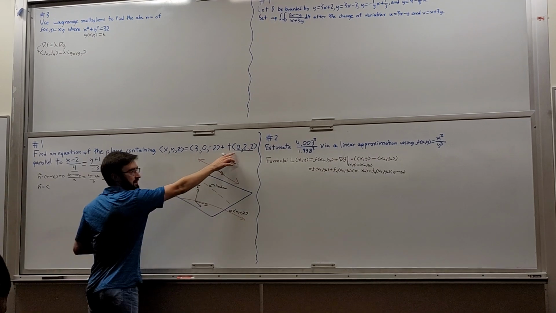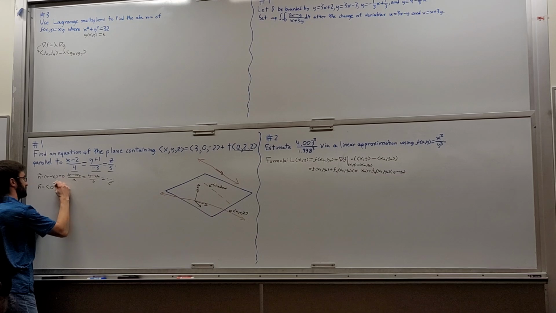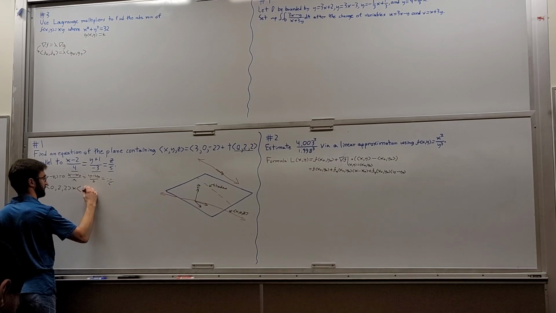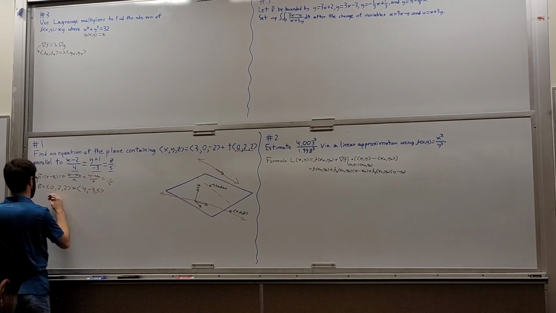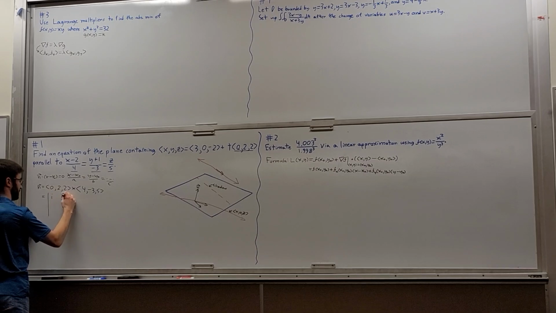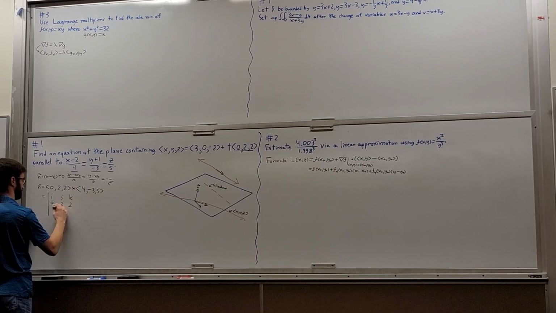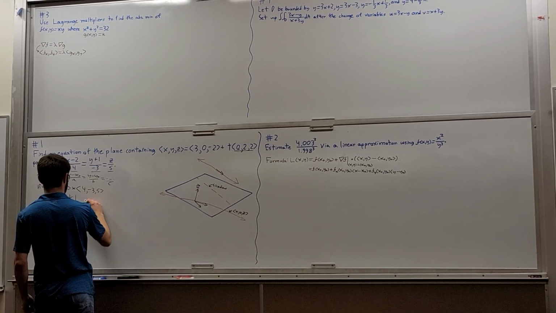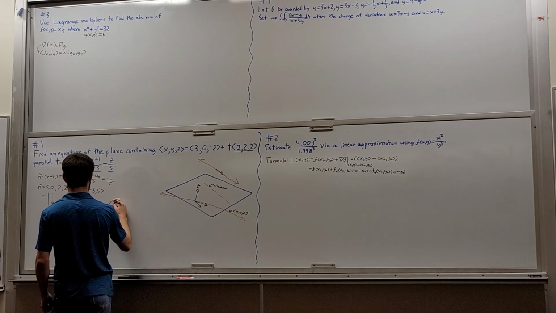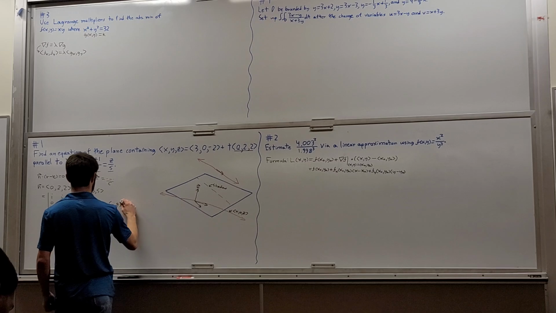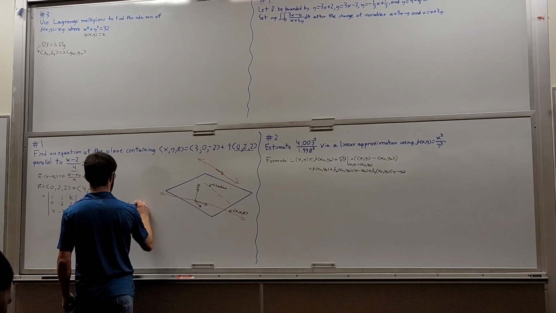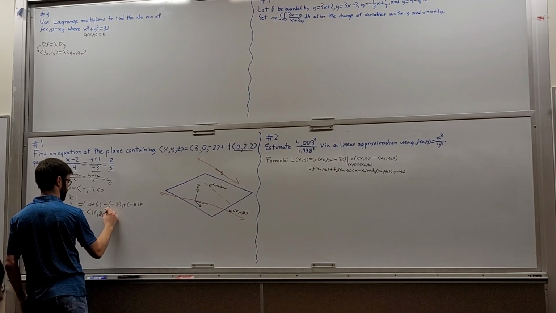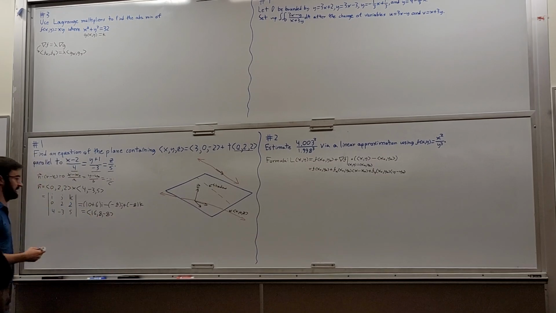Just arbitrarily, we'll take this one first, 0, 2, 2, and we will cross it with 4, negative 3, and 5. I got 16, 8, negative 8.